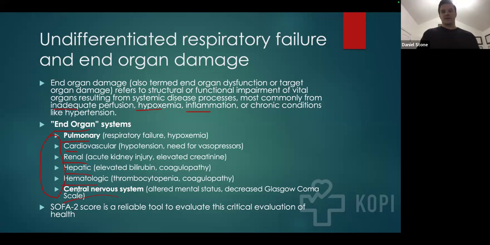I bolded pulmonary and central nervous system to come back to what we were talking about, which is that those are probably the two most important systems. You can live with heart failure for a little while. Shock will kill you pretty quickly, but respiratory failure by far kills you very, very fast. And if you have central nervous system depression, basically what happens is that you can't breathe, and the central apnea will kill you pretty quickly.